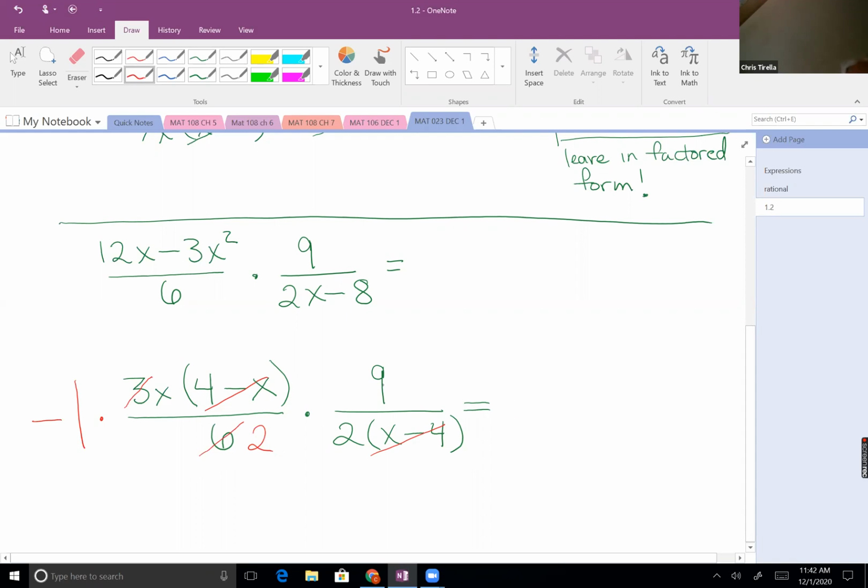And so I'm left with, in the numerator, 9 times x. In the denominator, 2 times 2 is 4. But I have to remember that that whole thing is negative. We good? Yep, I just want to write it down. Okay.